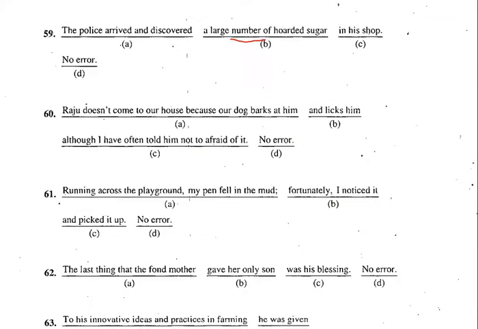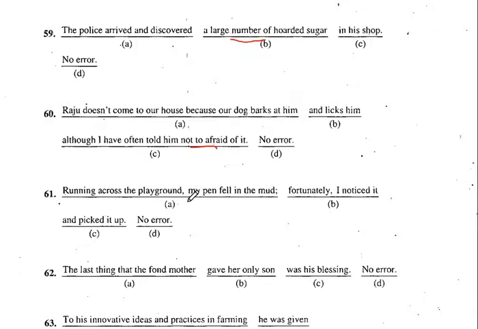Let's go to Raju doesn't come to our house because our dog barks at him and licks him, although I have often told him not to be afraid. Not to be afraid. Let's go. Now running across the playground, my painful.